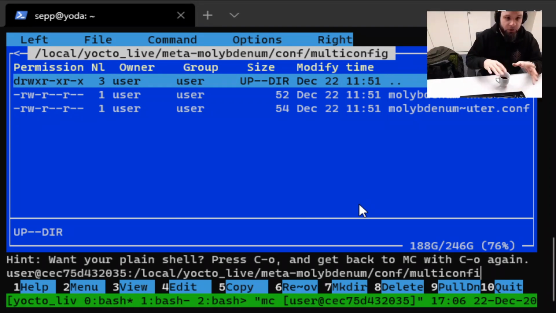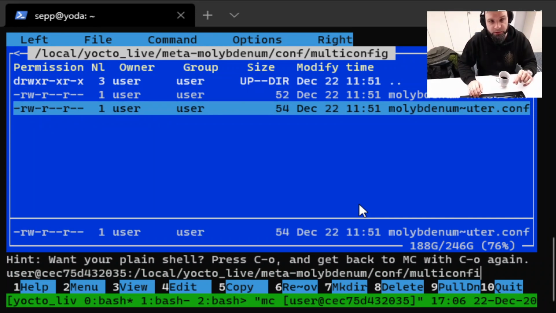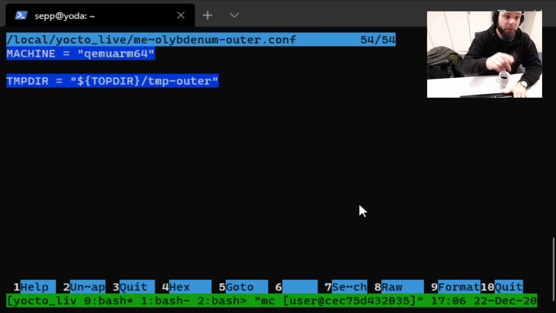So if I want a build in a build, then the outer build is what I should have in local.conf. And therefore the multiconfig molybdenum-outer is not exactly important. It's more like a note for myself to tell myself what I wanted there. I wanted to set MACHINE to qemuarm64, and I wanted to set TMPDIR here.